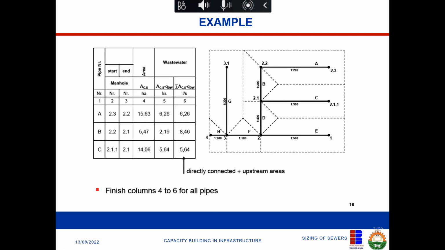So we're back to that attachment. I think I've explained this before, right? For the wastewater, this is the pipe number A. This is the beginning node. This is the end node. The corresponding catchment area where that pipe is passing is 15.63 hectares.